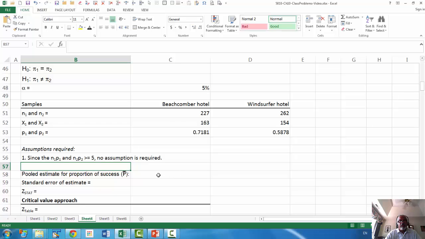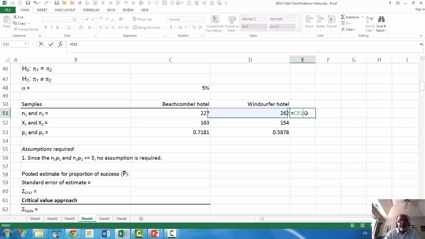Now we start with the pooled proportion p bar. Once again, like I have done previously, it is a good idea to split up complex formulas into smaller pieces. So here we can go n sub 1 plus n sub 2, and we'll call that sum.